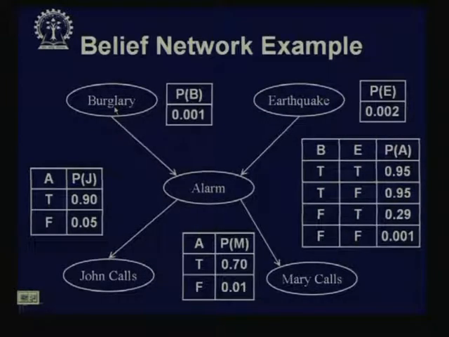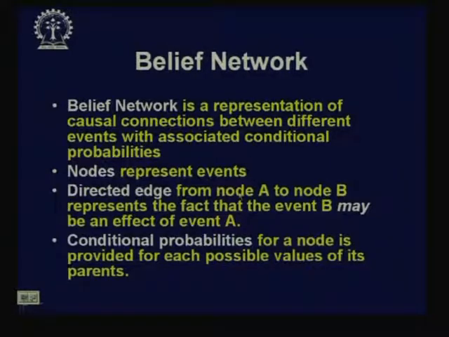Look at this: the alarm event has a parent, burglary. That means burglary will cause the alarm. Earthquake is another parent, so earthquake will cause the alarm, and each of these edges shows a causal relationship. So nodes are representing events, and the network is a representation of causal connections between different events.